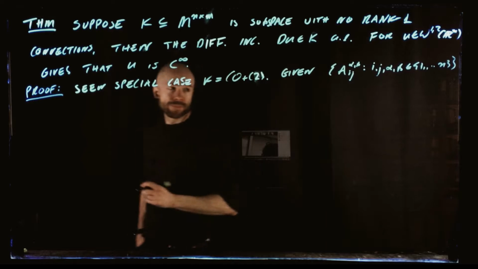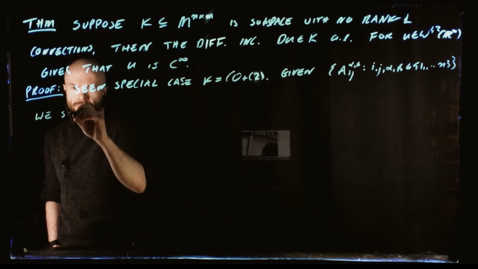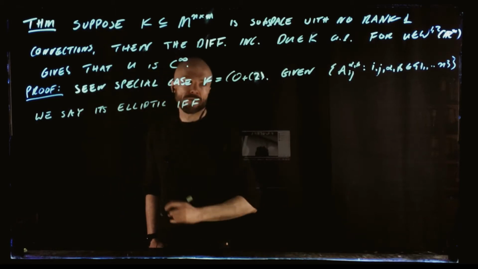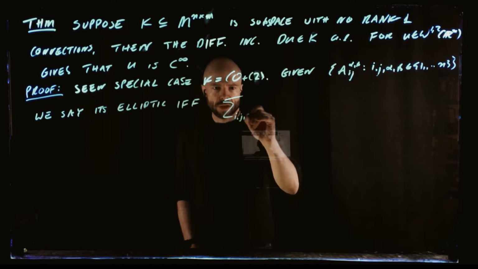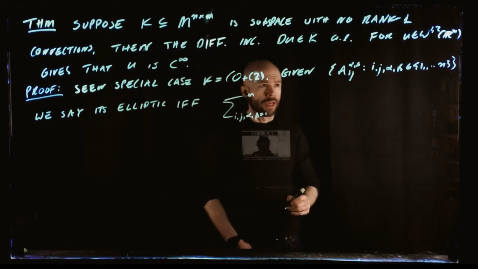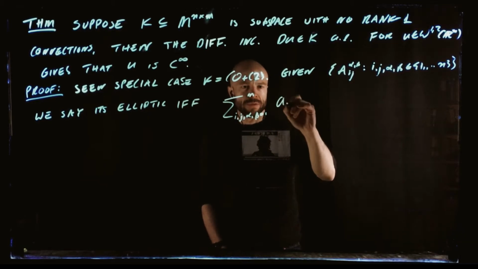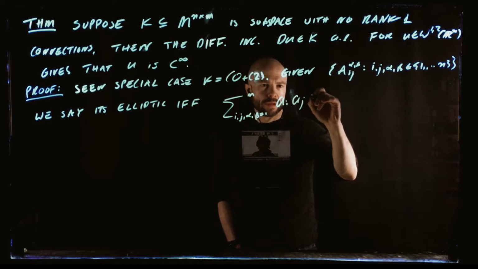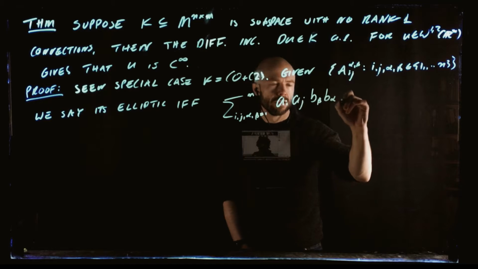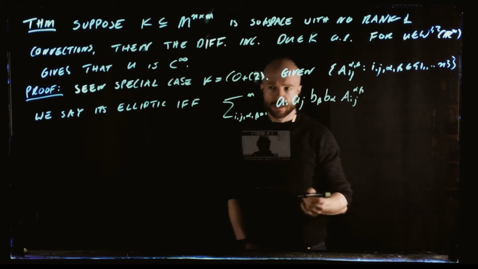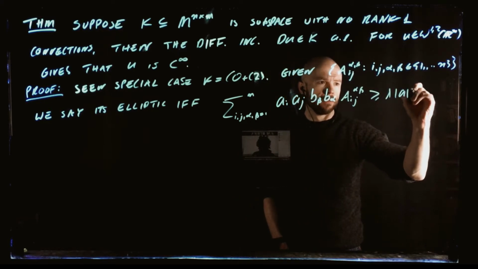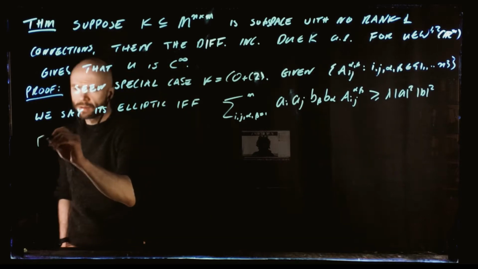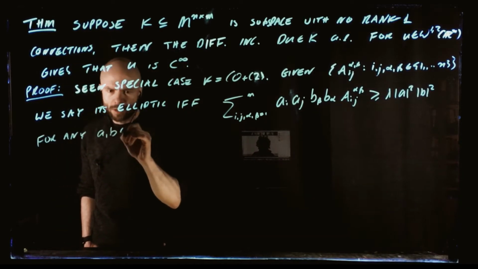Given this collection of coefficients, we say it's elliptic if and only if the following is true: that if we take the sum over i, j, α, β equals 1 up to n of a_i a_j b_β b_α A_{ij}^{αβ}, this thing has got to be bigger than some λ times |a|² |b|², for any a, b belonging to R^n.